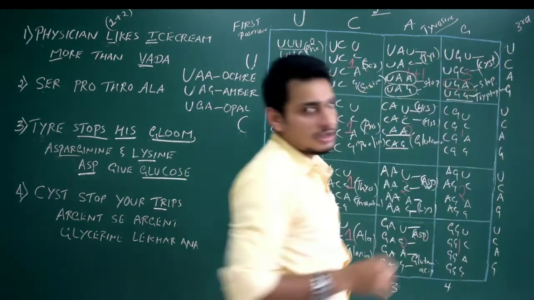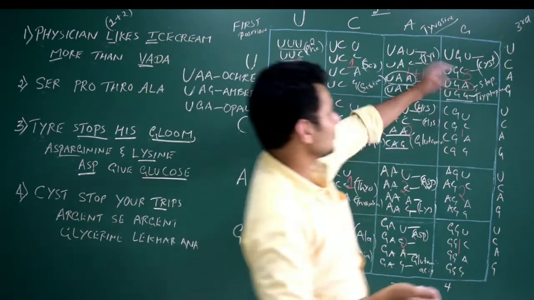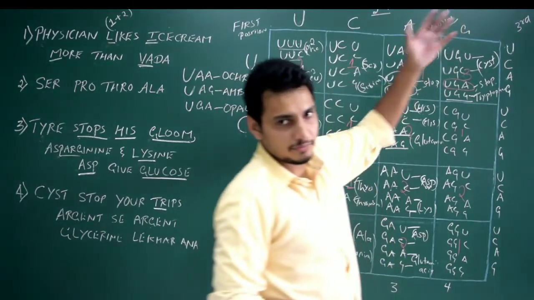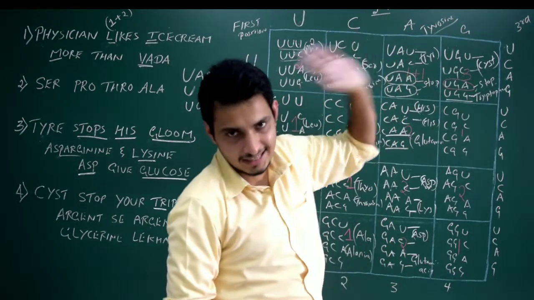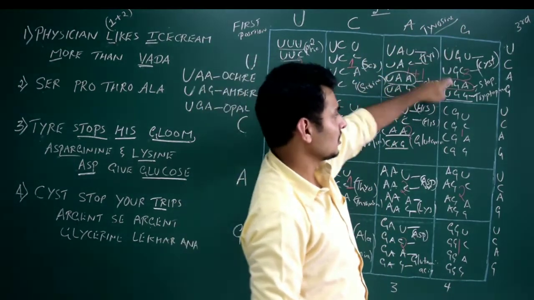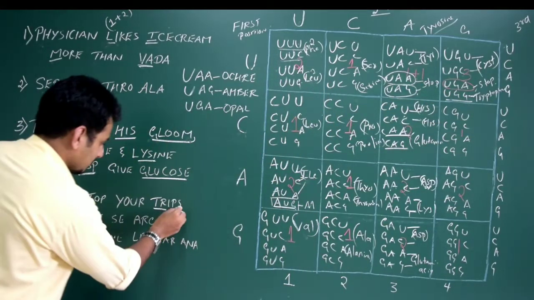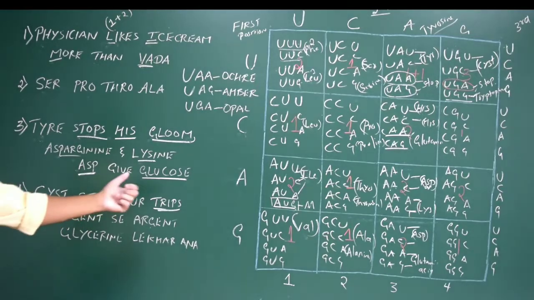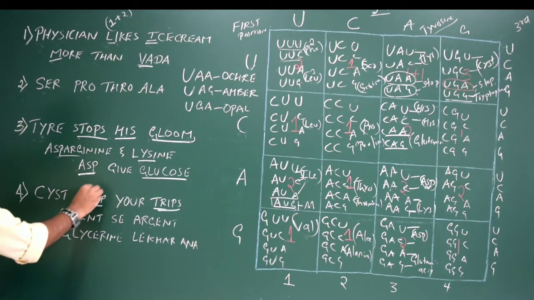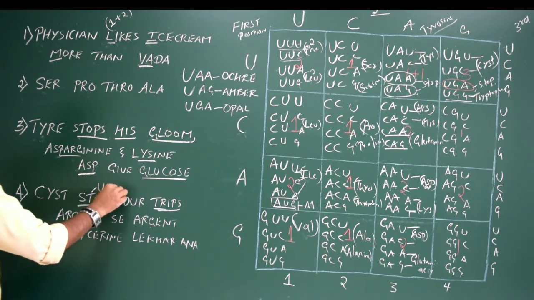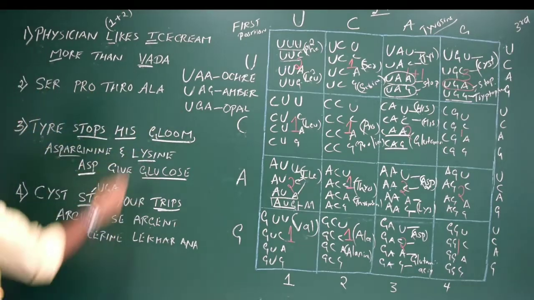See, how many amino acids? Two amino acids. Cysteine is coded by these two codons, the same amino acid. Then UGG codes tryptophan. And stop is the stop codon UGA, that is the opal.